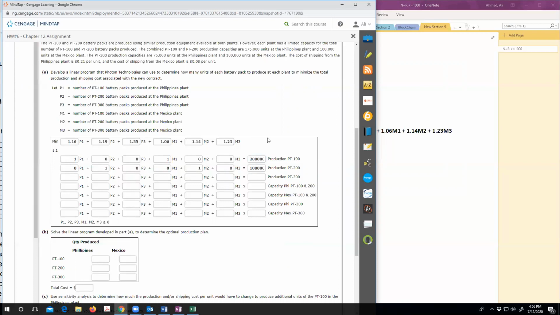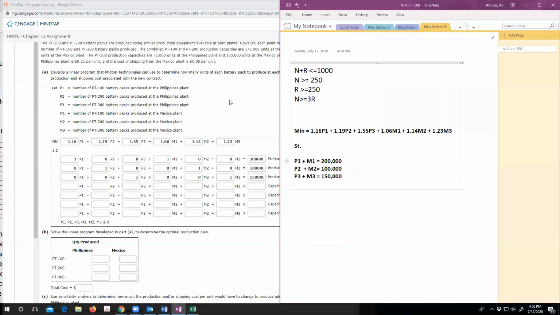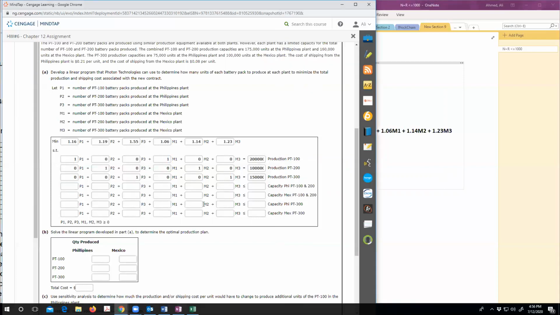Same way, this is P2 and M2 equal to 100,000, and then this one would be 0, but this one P3 would be 1. This one would be 0. This one would be 150,000. Any questions on this?